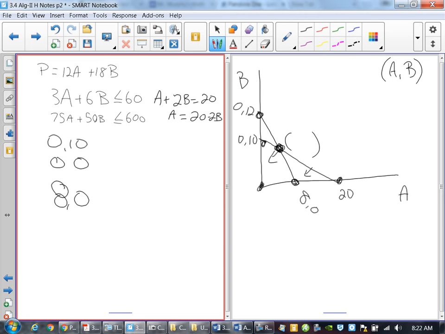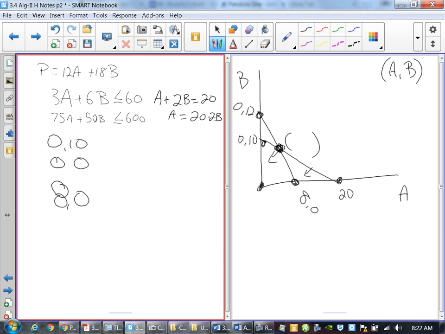Remember when we did all the system of equation stuff at the beginning of the year? That's what we did. 50. Distribute out. 1500 minus 150B plus 50B is 600.